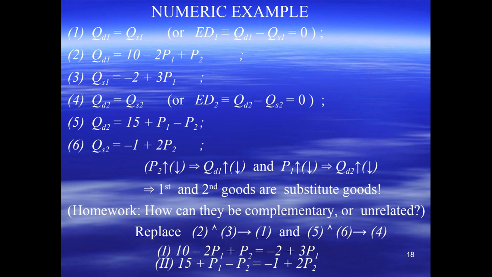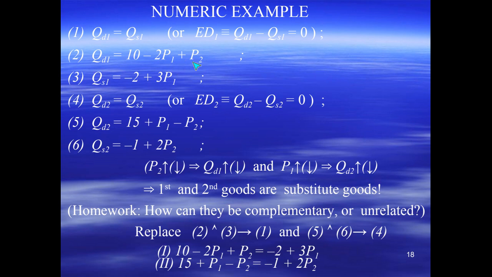If the price of coffee augments, we drink more tea. So demand for tea augments. They are in inverse signs. If the price of coffee diminishes, we just drink less tea and more coffee, because then the demand for tea would diminish. You see? So here it is the case.